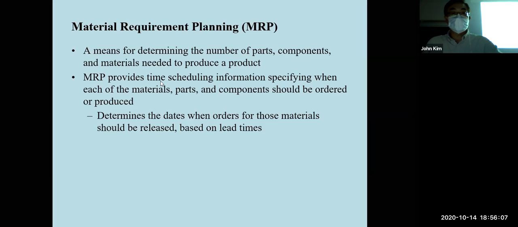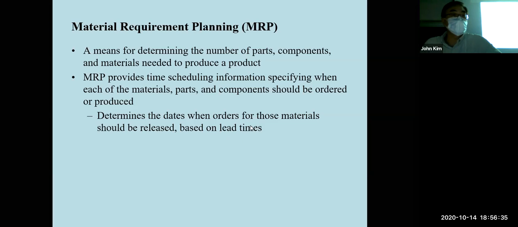MRP provides time scheduling information specifying when each of the materials, parts, and components should be ordered and produced. So by planning when, how many, which one, and so on. It determines the date when orders for those materials should be released based on lead time.